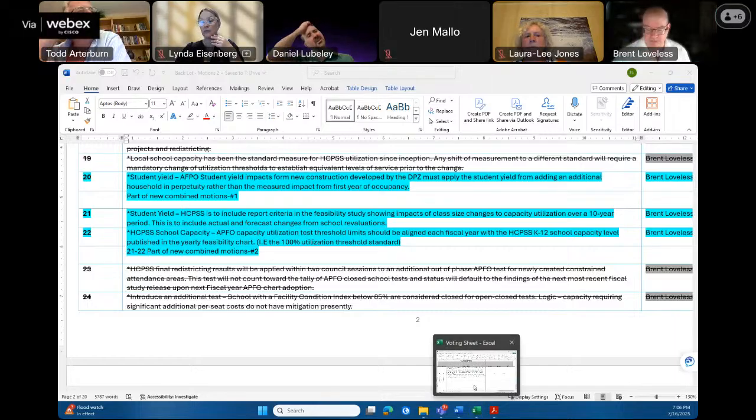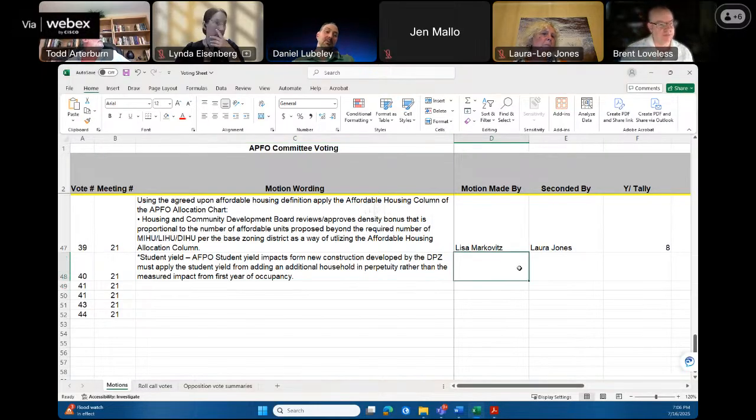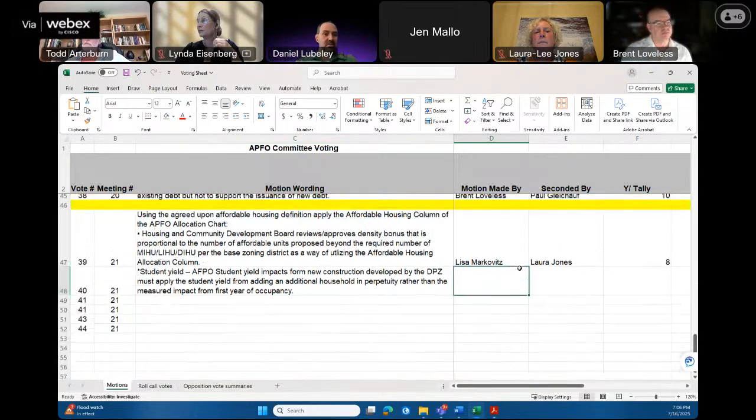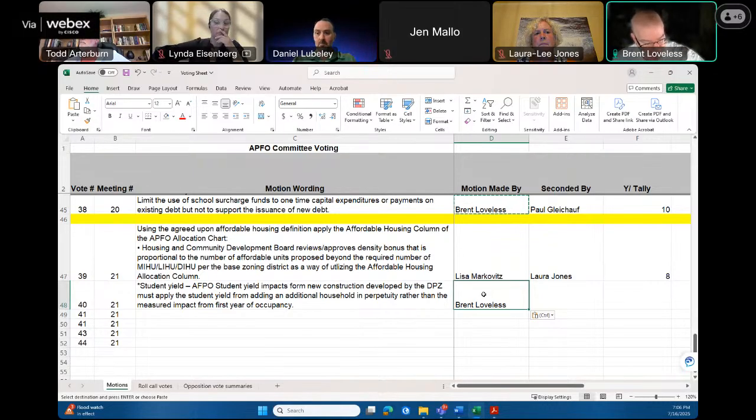Can you clarify for everybody, Brent, as far as Jeff's projections and the use of them, are you talking about the school capacity chart, or in what factor specifically are you asking to do this? I cringe a little at the word specifically because this could apply to multiple things. The newer version of the feasibility study, the numbers that you get from DPZ, would be affected by it, and just in general.